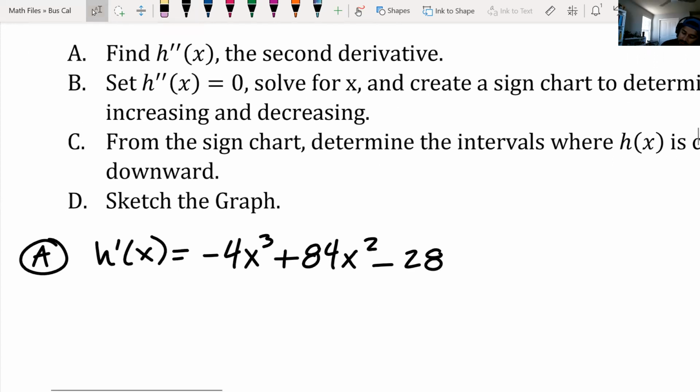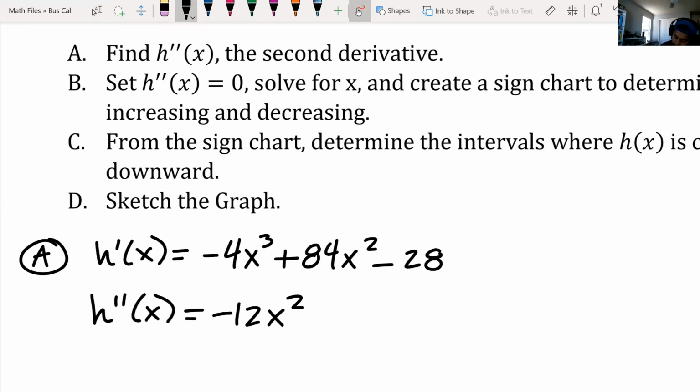And then we take the second derivative and you get negative 12x squared plus 84 times 2, 168x. Okay, so we found the second derivative.